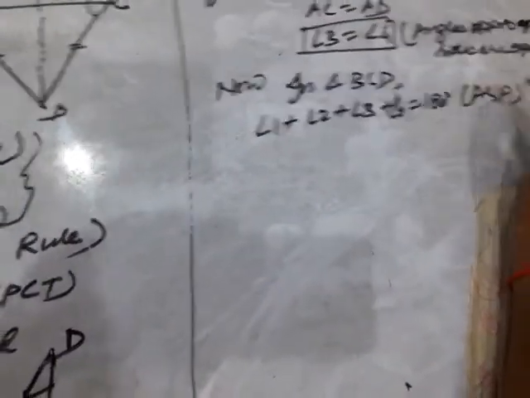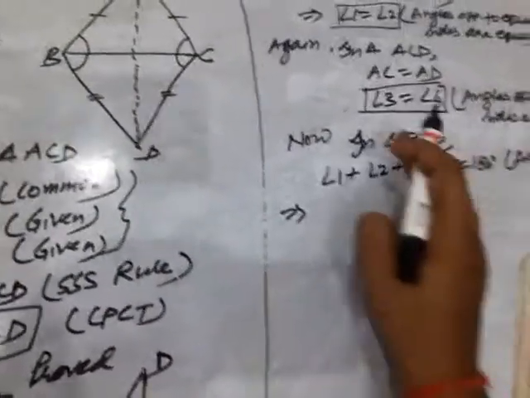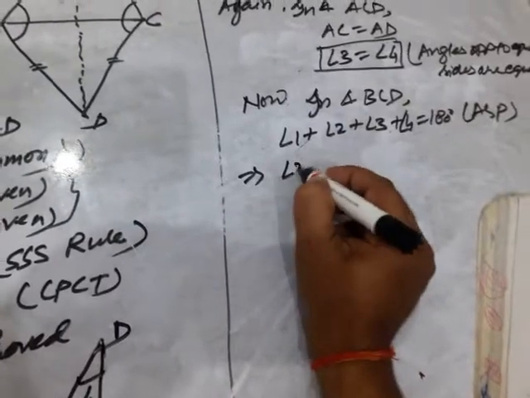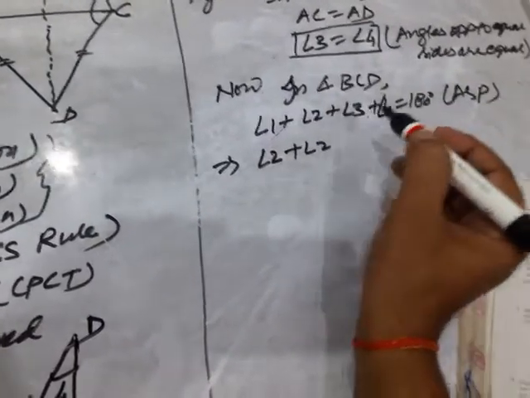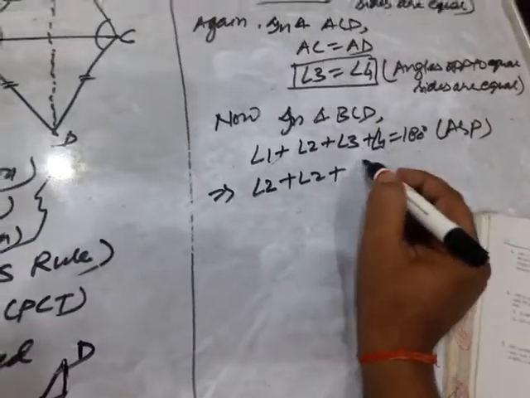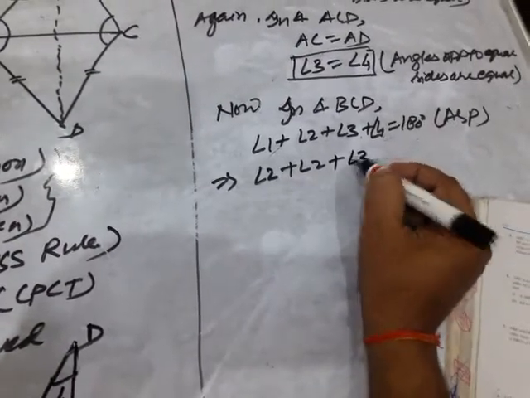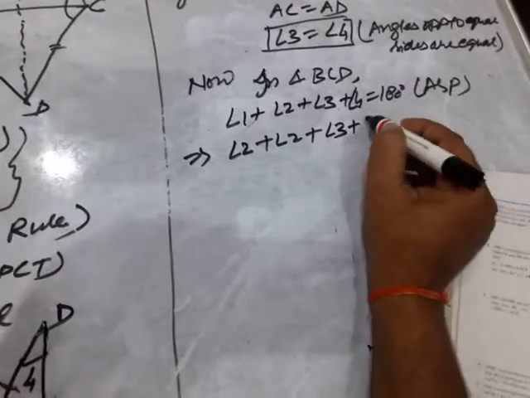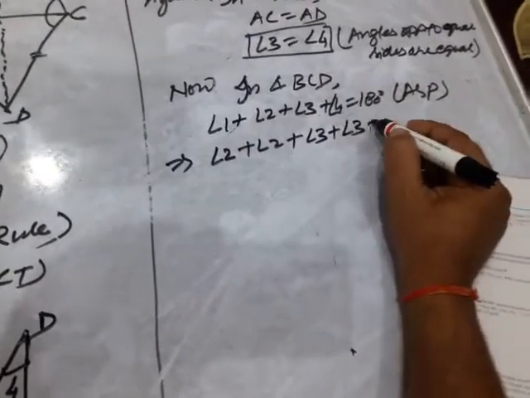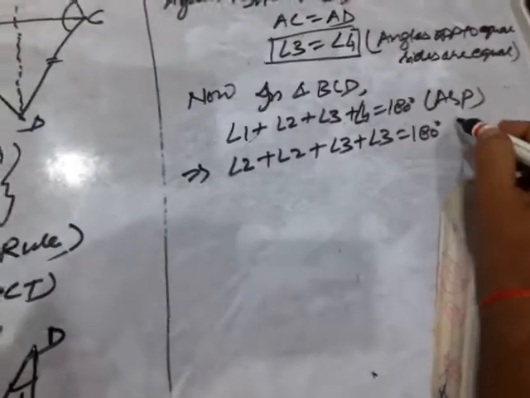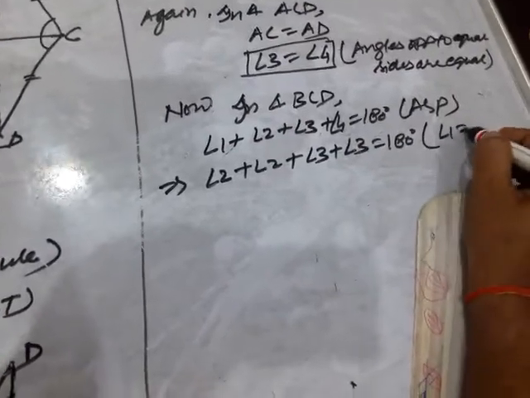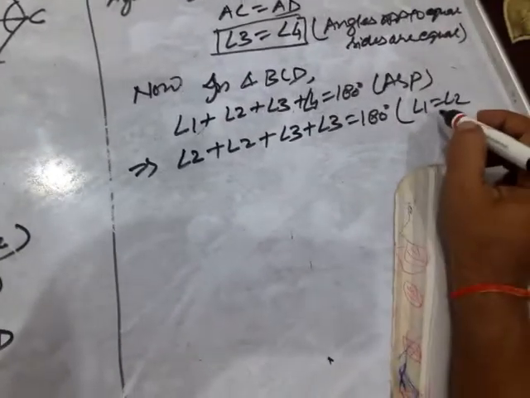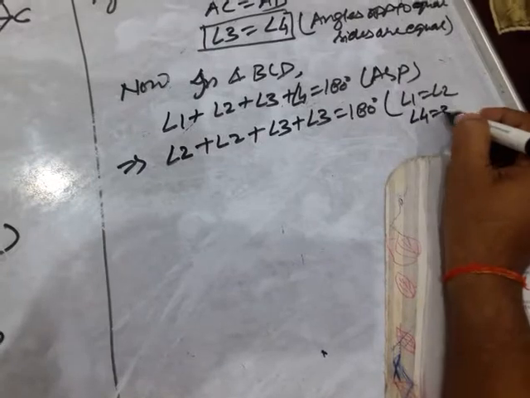Now substitute the values. Angle 1 equal to angle 2, so angle 2 plus angle 2, plus angle 3, plus angle 4 equal to angle 3, equal to 180 degrees.